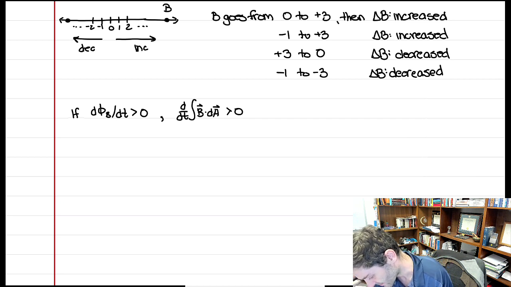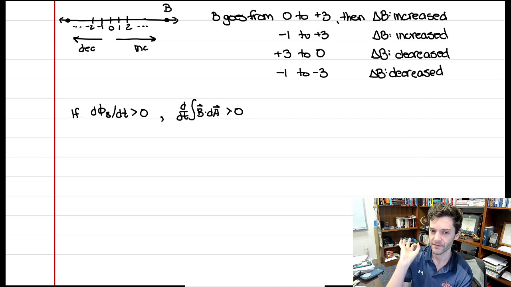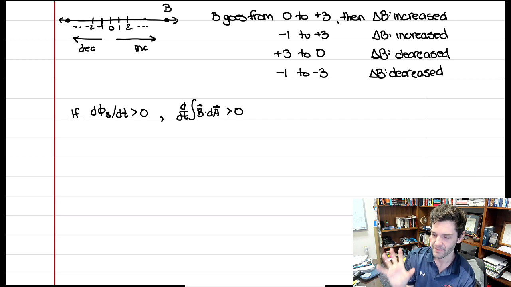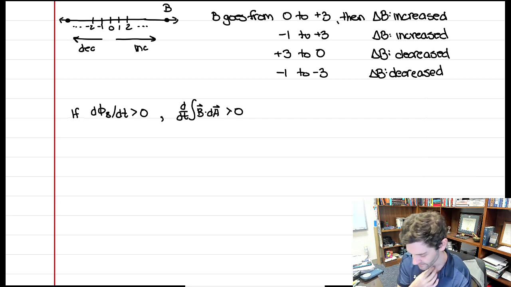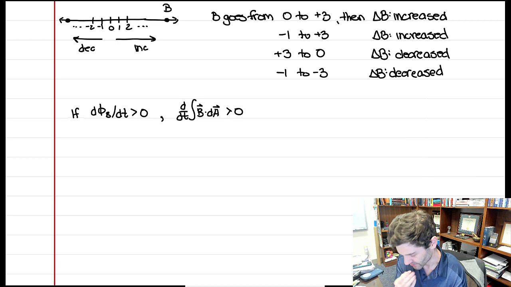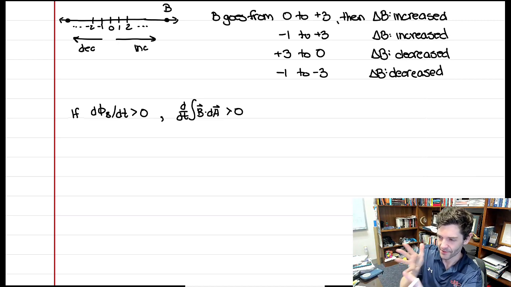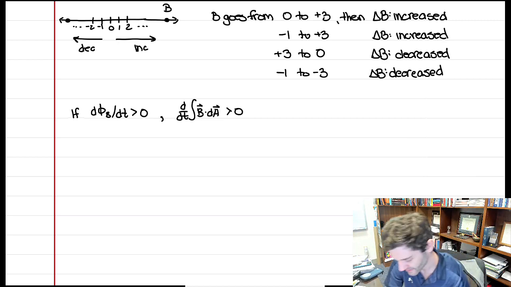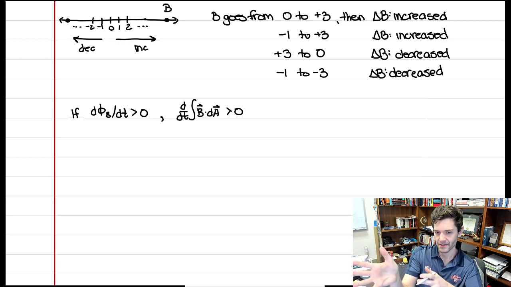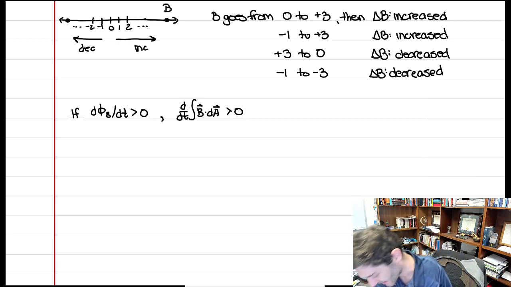Let's anchor our intuition in terms of the magnetic field. If the magnetic field is getting stronger, that means for a given direction of the magnetic field, it's increasing in magnitude in that direction, which could be parallel, anti-parallel, or perpendicular to dA.